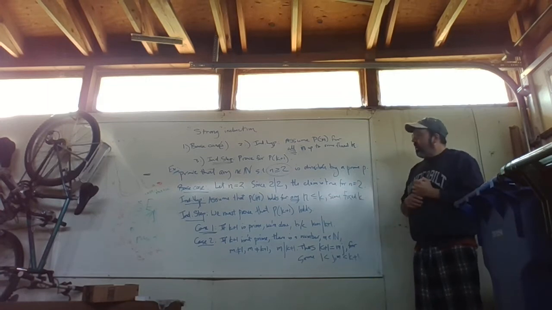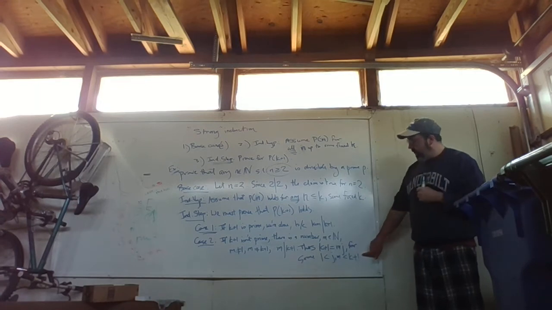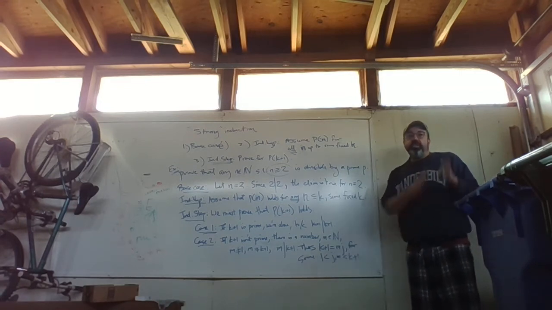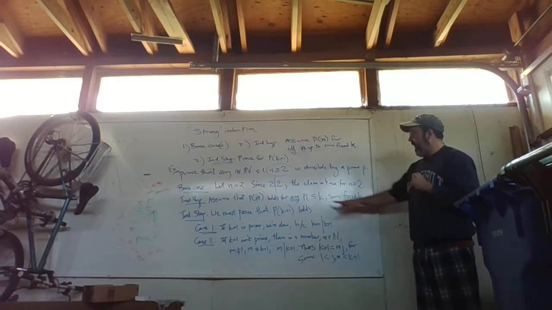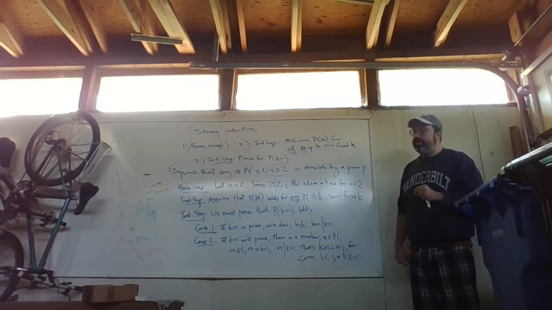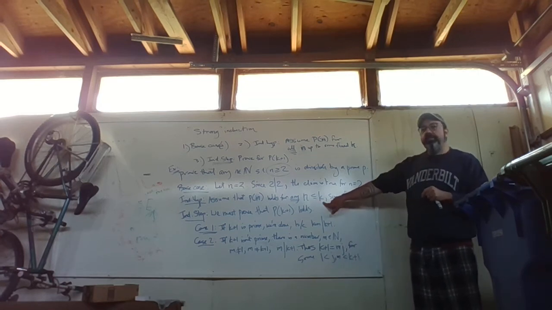The reason we need strong induction instead of weak induction here is because there's no guarantee that either of these numbers, j or m, is just one step behind k plus 1. In fact, it's almost never going to be the case, only with very small numbers, namely when k plus 1 is 2 itself. It's never going to be the case that m or j is equal to k.